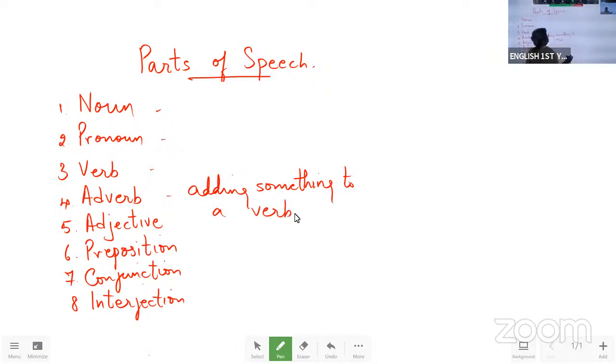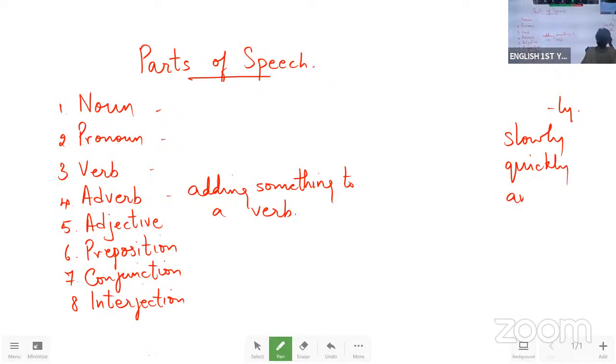And it usually takes up ly. Slowly, quickly, awkwardly, carefully, beautifully.